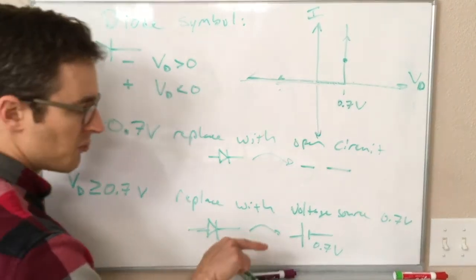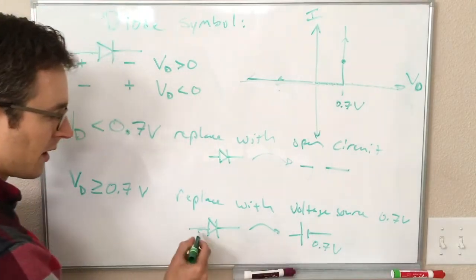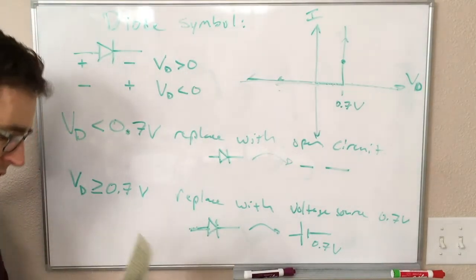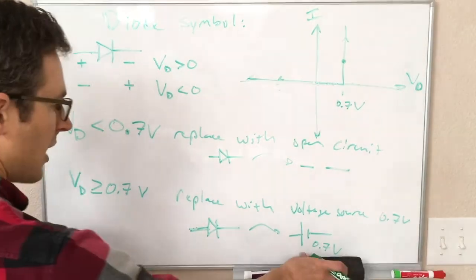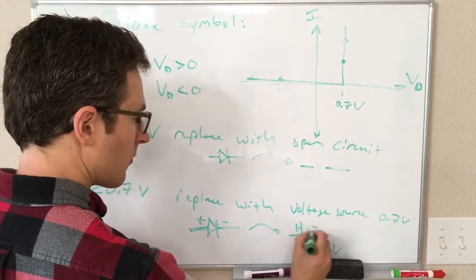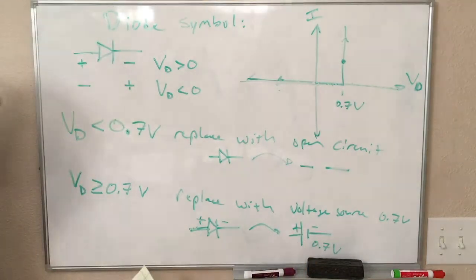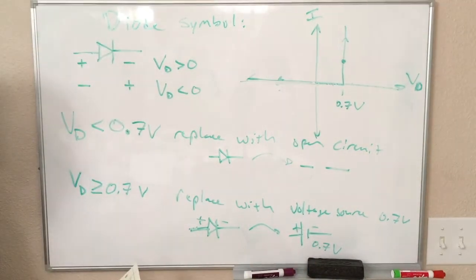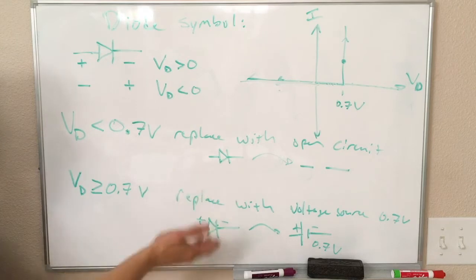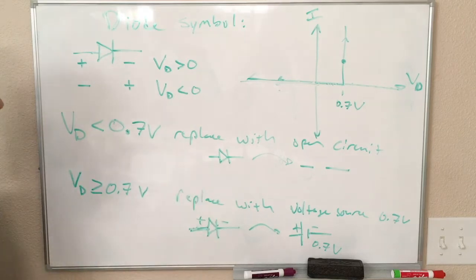So that is a 0.7 volt drop going to the right, and that's the same as the 0.7 volt drop going in the forward direction of our diode. Plus, minus. All right. Great. So this is actually enough to start solving things in circuits. And these are the only two things we can run into for this simple diode model.